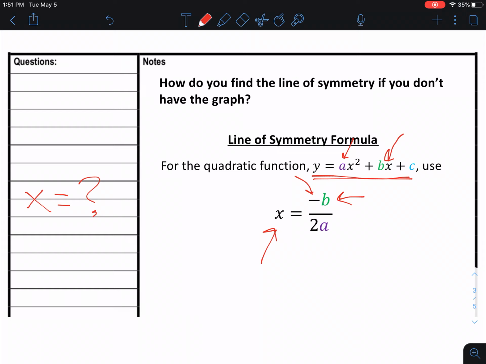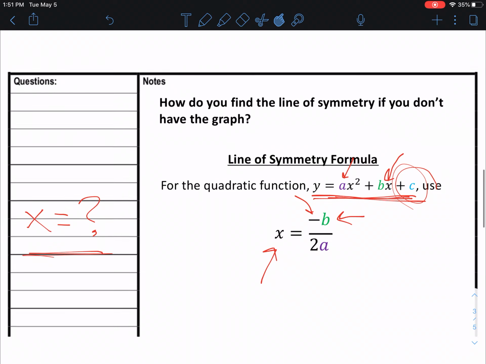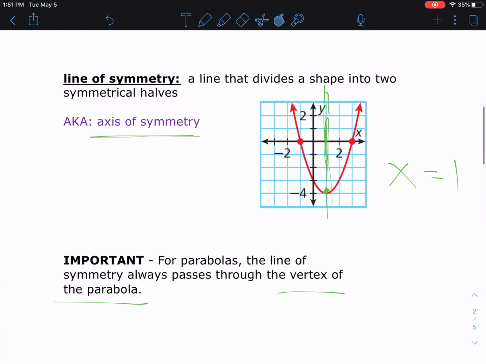Just make sure that this equation is in standard form. You'll notice we're not really talking about this c value yet, and that really won't come into play today. So the formula is x equals opposite of b over 2 times a, and that will give you your equation x equals something, right? And in this case, in theory, we would have gotten x equals 1.